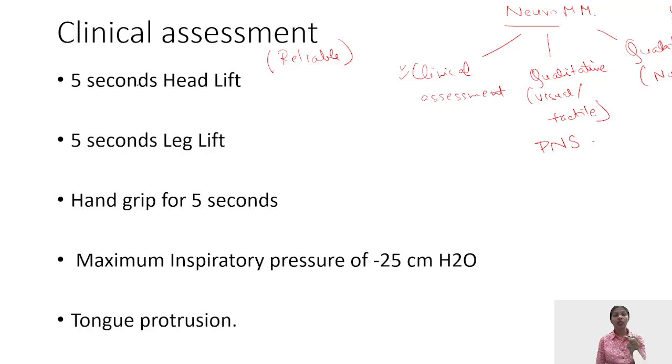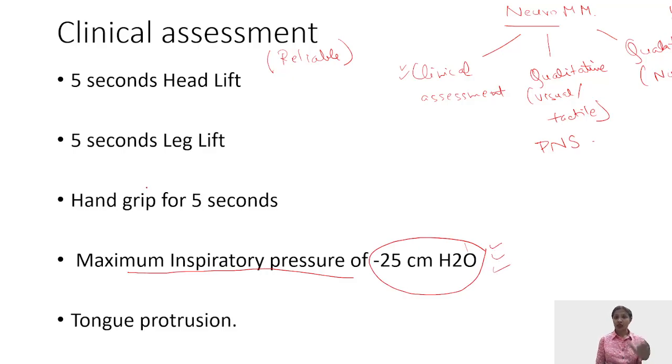Third, the patient has a hand grip which is sustained for 5 seconds. Then the patient can protrude the tongue out. And lastly, the maximum inspiratory pressure the patient can generate is minus 25 centimeters of water.